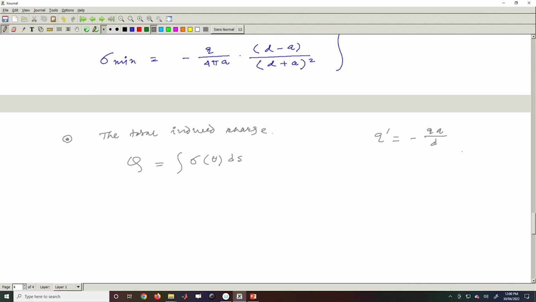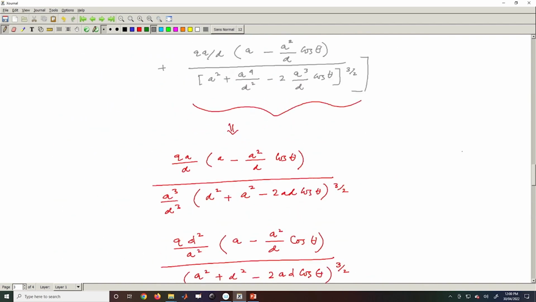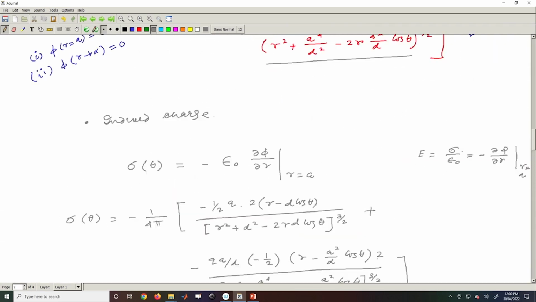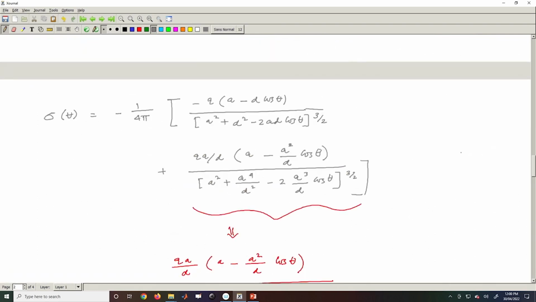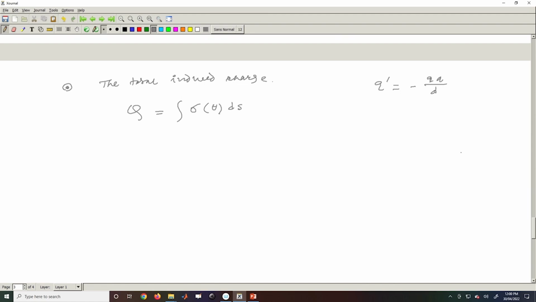So that is the image charge we calculated, and now you calculate the total induced charge q by exploiting sigma, and this sigma I calculated from the potential that is calculated. So that is some sort of cross verification we are making, and let us find what value we are getting.